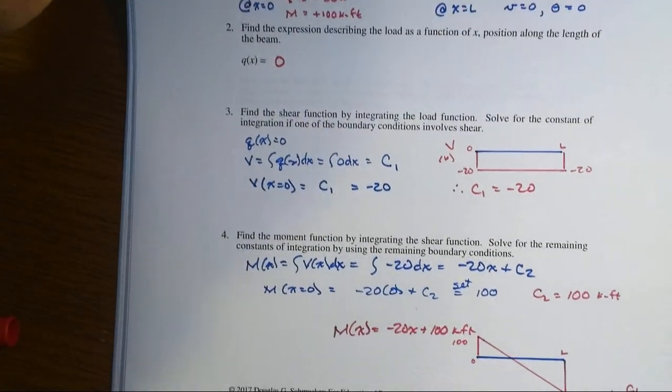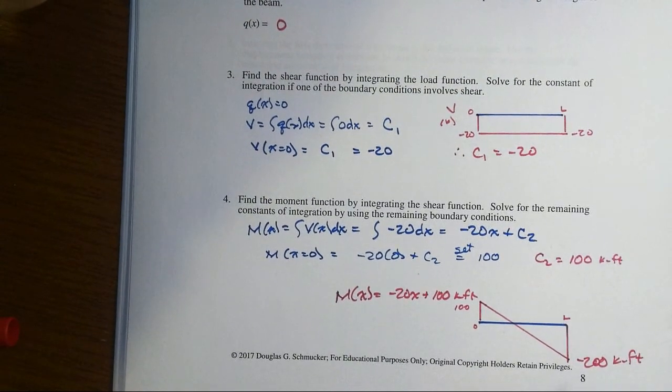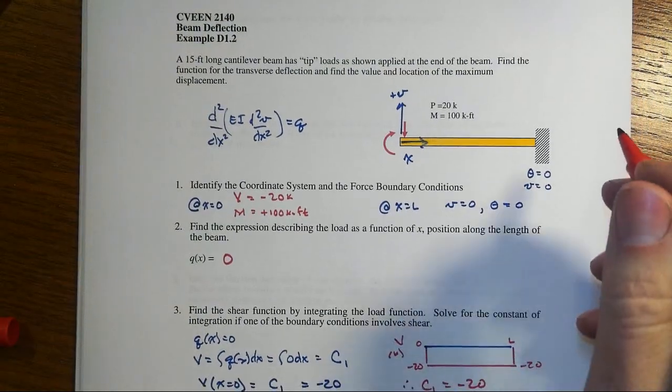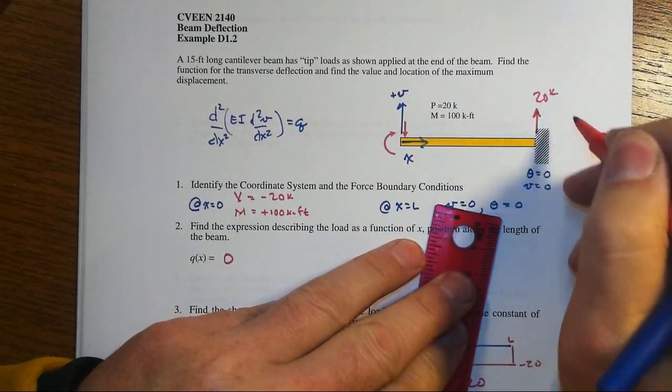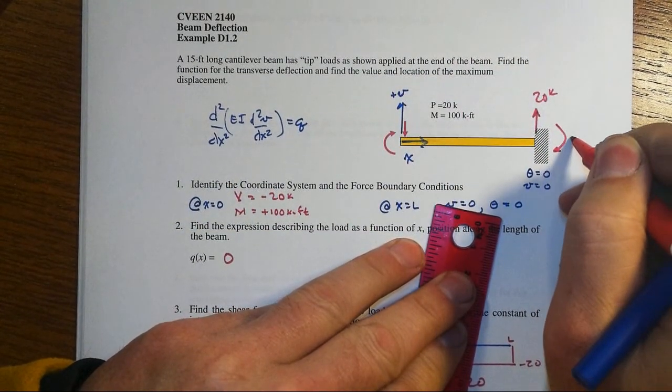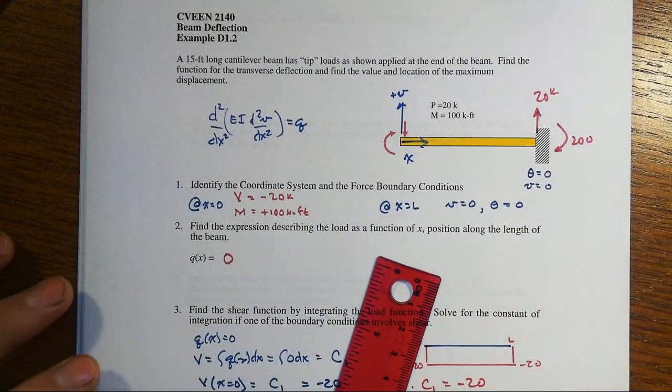Right? I'm not quite sure if you can see all that, but there you go. That matches exactly with what we'd find for the reactions here. There's 20 kips there, and there's a moment of 200 that goes along.